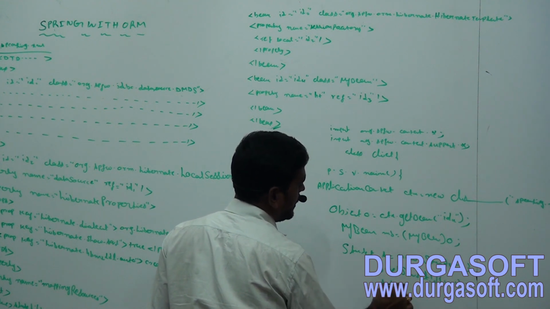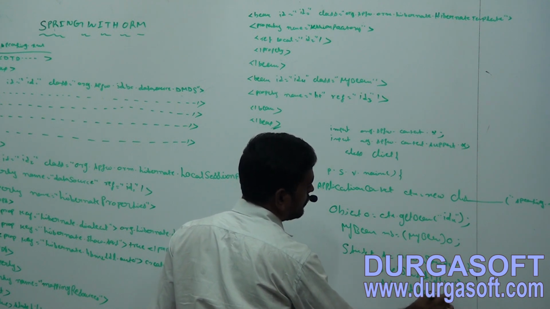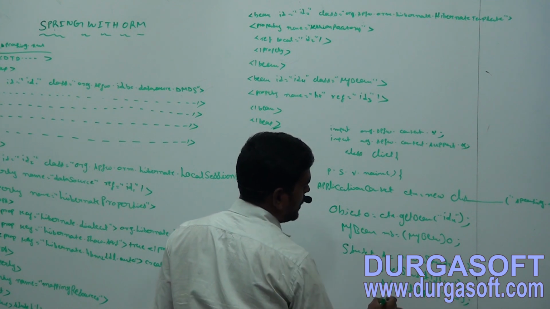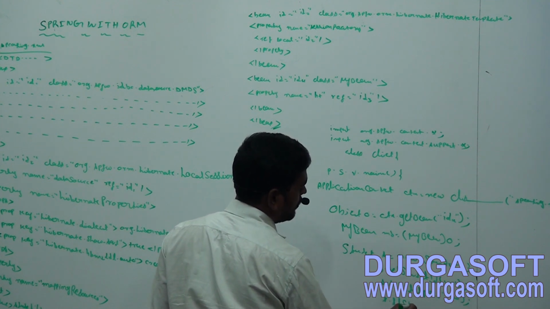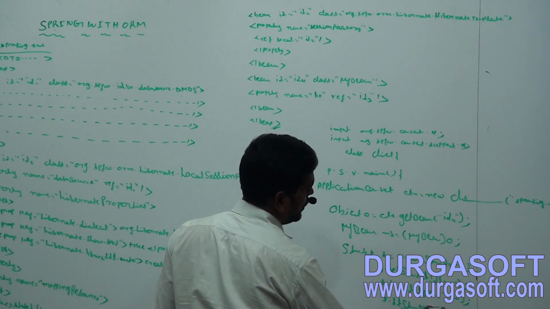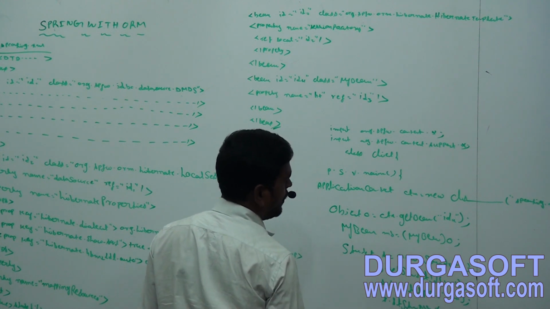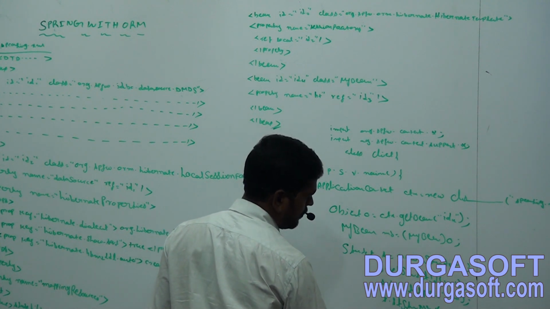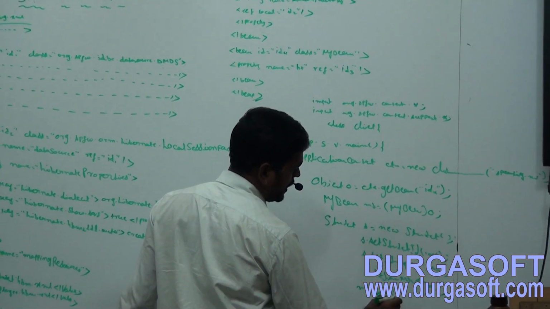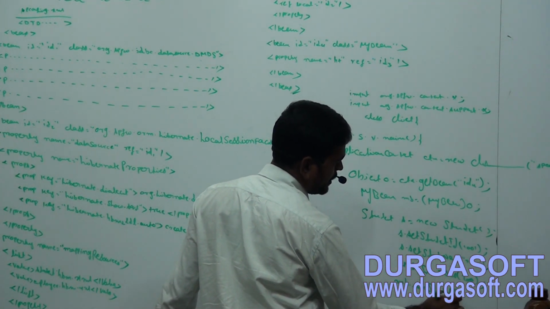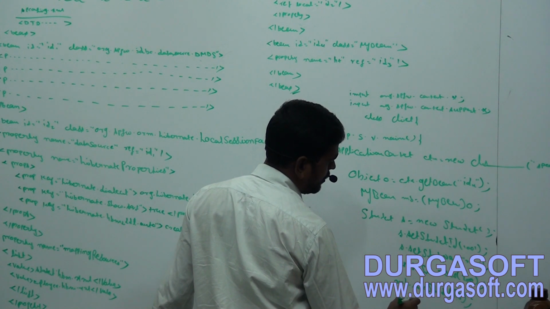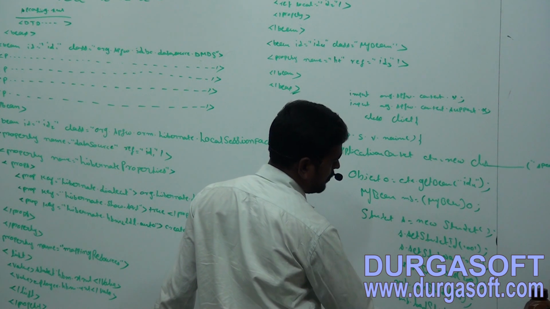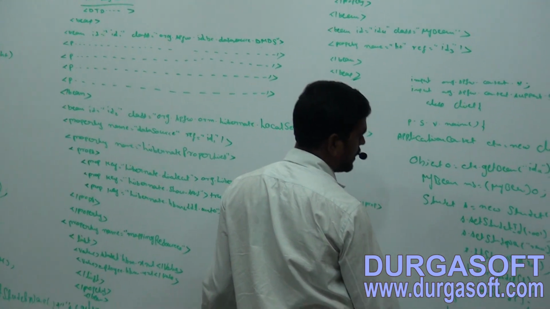Now s.setStudentName Ramu. s.setStudentMarks 200. Then after that mb.saveStudent of s. mb.loadStudents. Close the method, close the class.